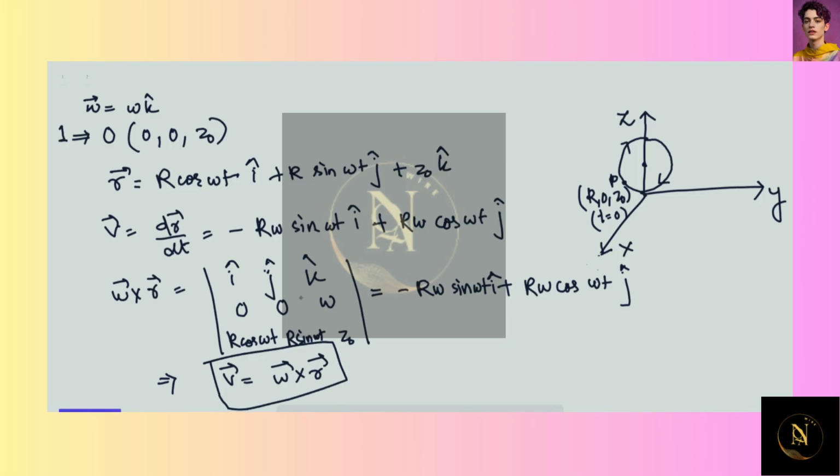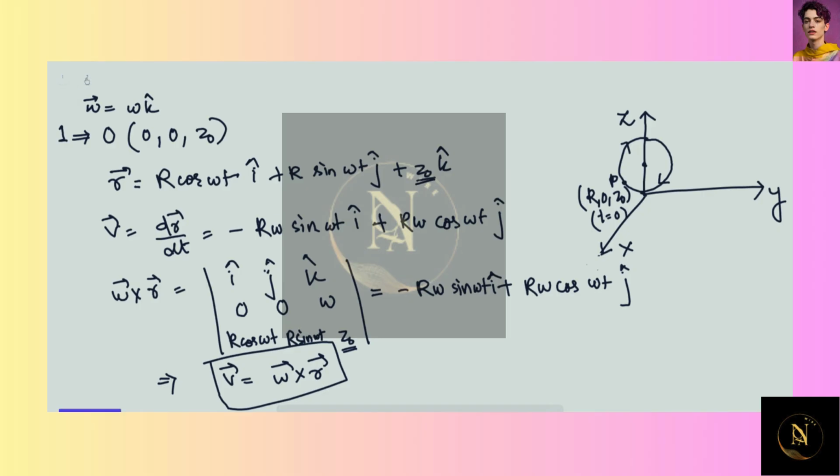And also you notice that z naught, the k cap component of r, does not come into play in these two expressions. So this term right here does not contribute to velocity and omega cross r.